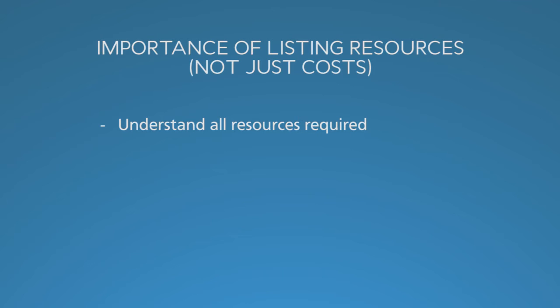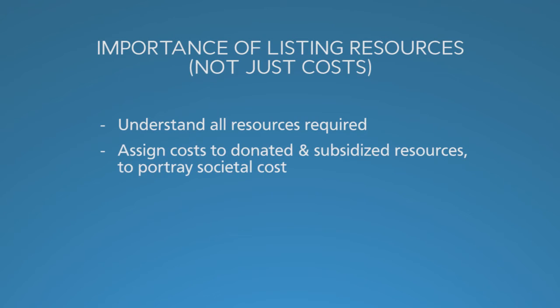Another reason for this approach is that some resources may not be assigned a cost. Maybe the surgeons were borrowed from the Ministry of Health, which paid their salaries. The program budget omits these salaries. Because we are interested in societal cost, what it really costs to do this, we want to include the value of all contributed resources.